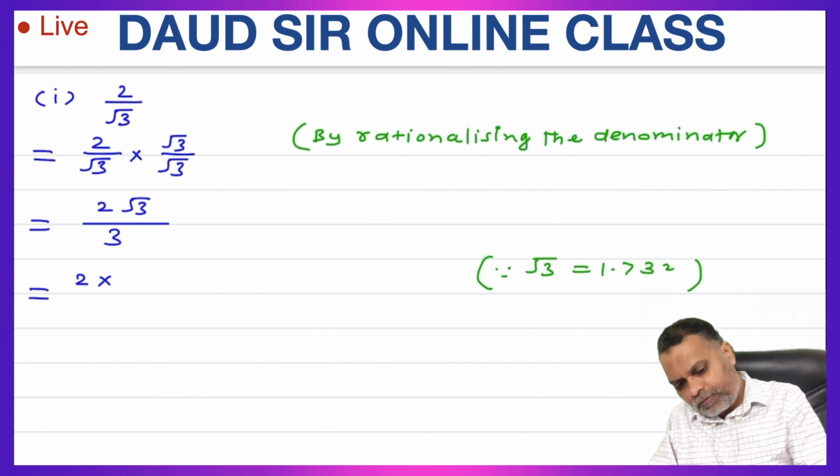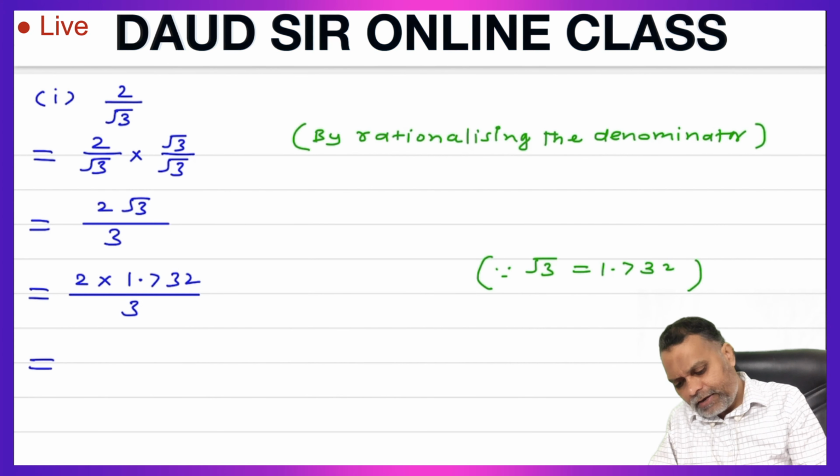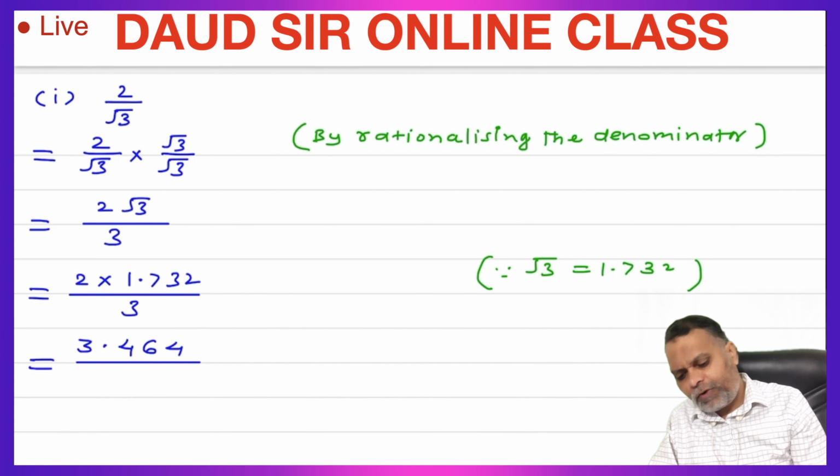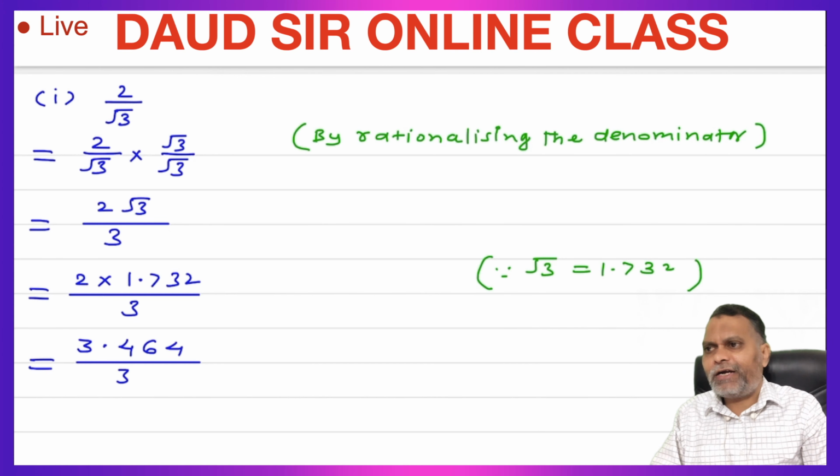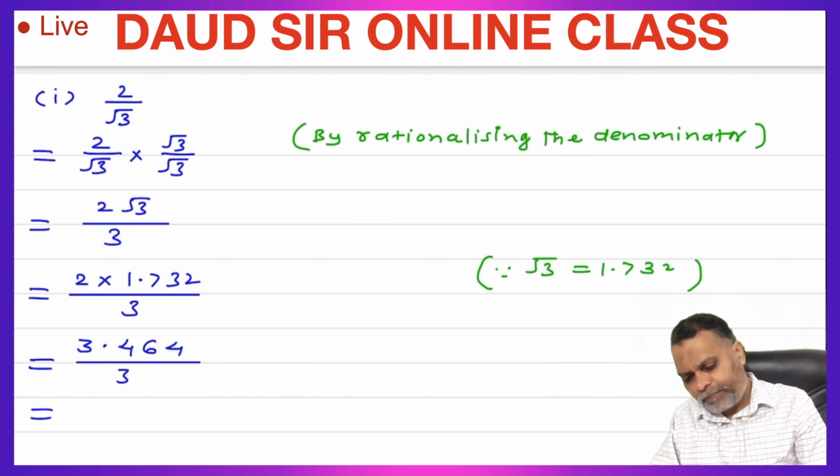So 2 into 1.732 divided by 3. First multiply the numerator: 2 2s are 4, 2 3s are 6, 2 7s are 14, decimal, 2 1s are 2, 1, 3. 3.464 divided by 3. Now we have to divide by 3.